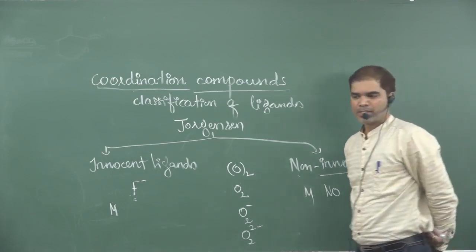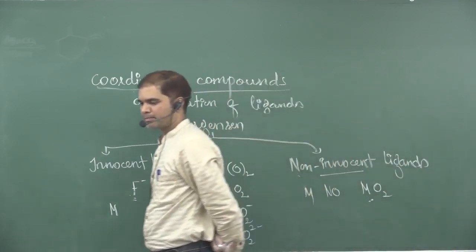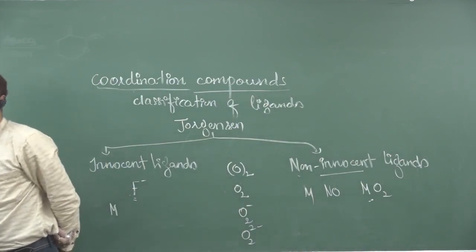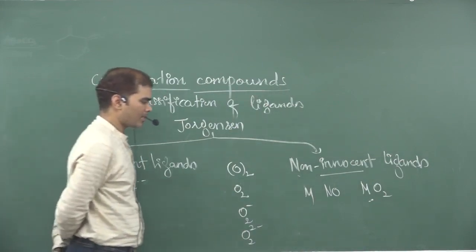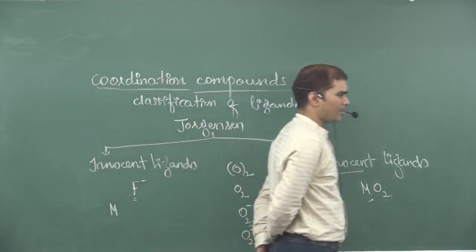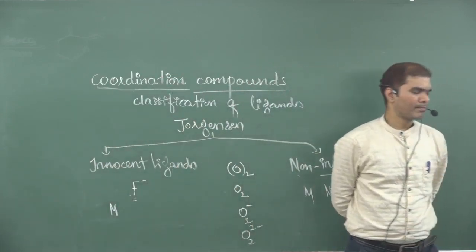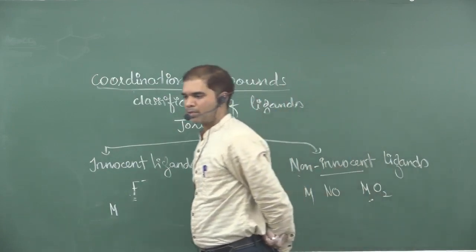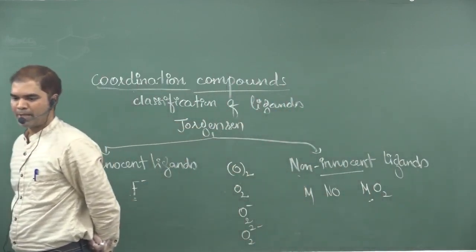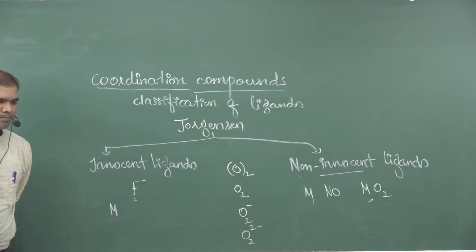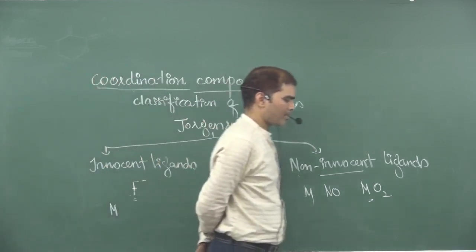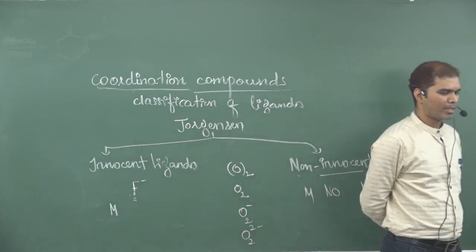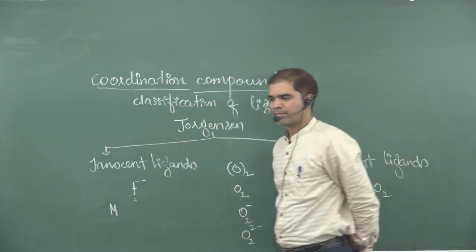An innocent ligand is the one which allows the oxidation state of the metal to be defined. Example, halides. Take an example of F minus.